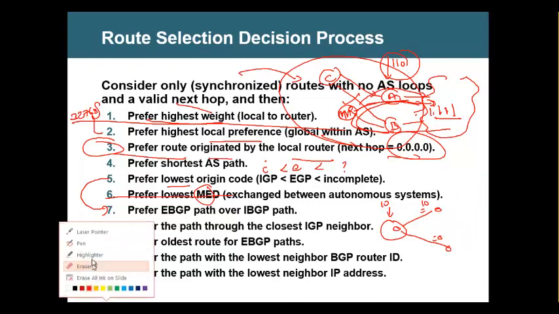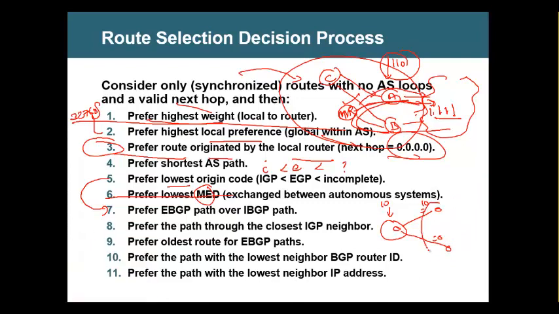In case I have it like this, autonomous system 10 and autonomous system 20. In this case, this is going to be preferred. Again, there should be a tie in the first 5 attributes. Only then the 6th attribute will be considered.